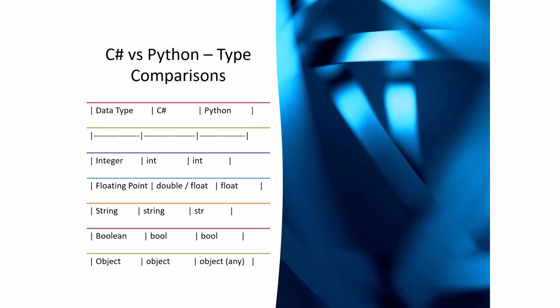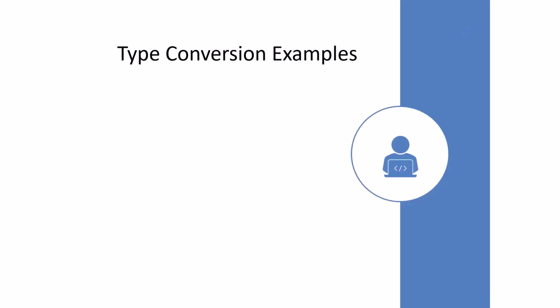So if a function accepts a parameter of type object, it can accept any data type. And in C#, object is the base type of all classes, also System.Object, and used for general type hints. So in Python, object is shorthand for accept anything, and that's why in the notes it is any, because everything is an object.